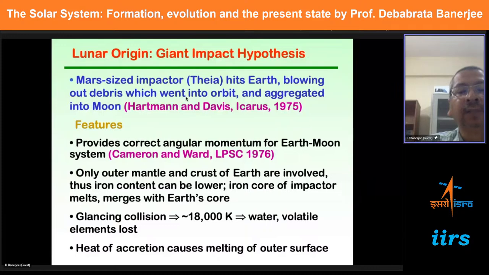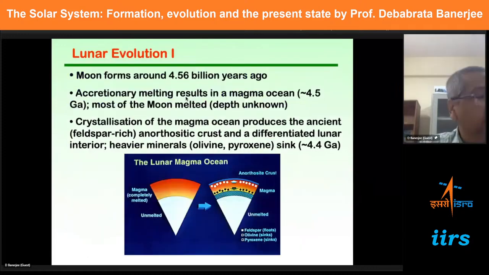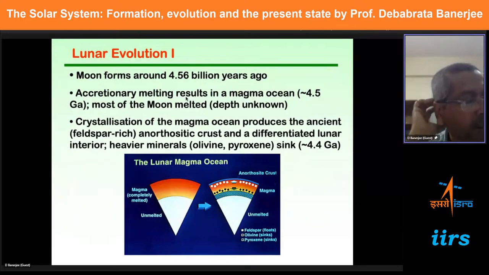We think that it is a repository of volatiles, including water. And then this is followed by the heat of accretion, which causes melting of the outer surface. But there are questions regarding this as well, which I highlighted in the study material, and you can go through that. Questions regarding KREEP, which was the last residue: there is a region where the uranium and thorium concentrations are much higher, 10 ppm thorium, 3 ppm uranium.